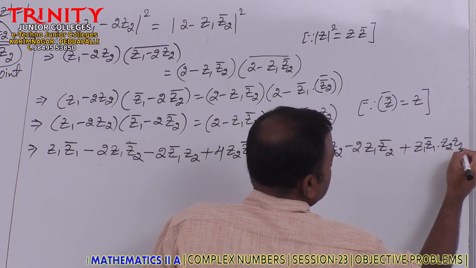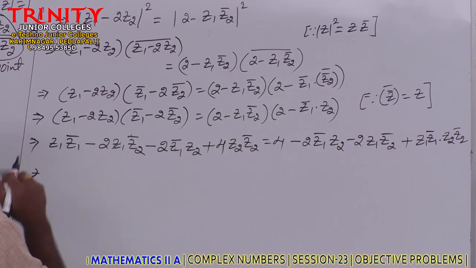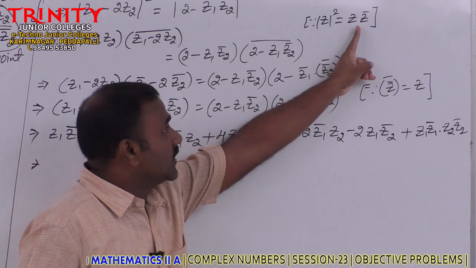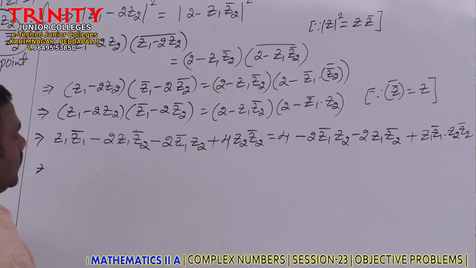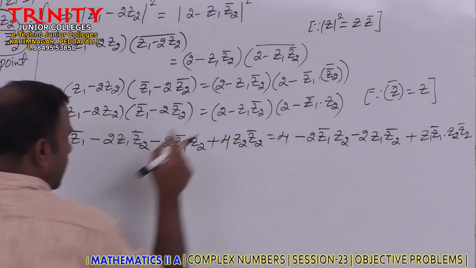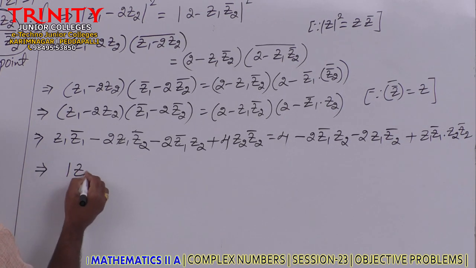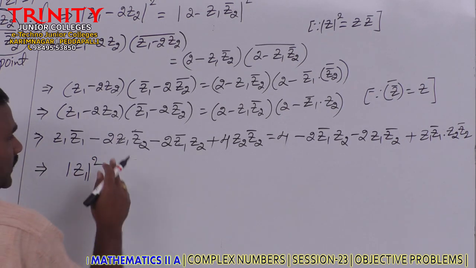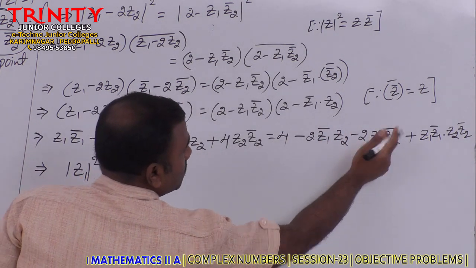Now Z into Z bar we can write as mod Z square. Therefore Z1 into Z1 bar we can write as mod Z1 square, according to the modulus property. That is mod Z1 square minus 2 Z1 Z2 bar minus 2 Z1 Z2 bar.